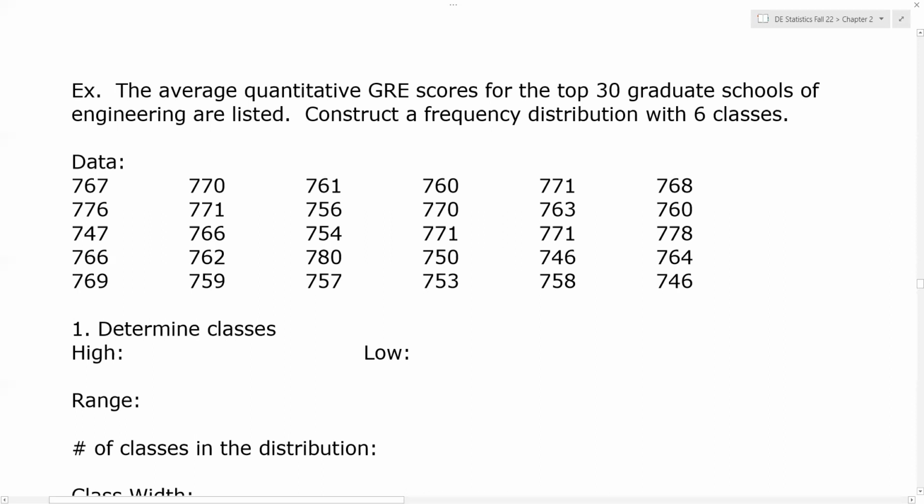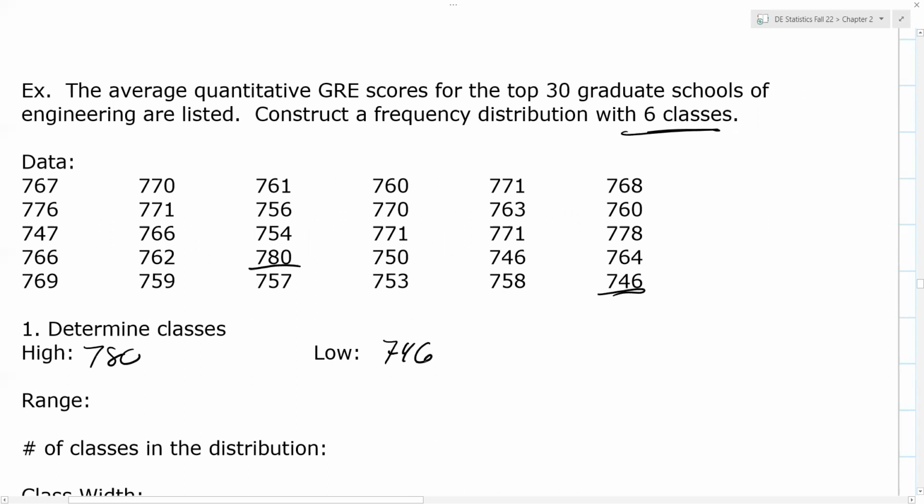So first thing we have to do, we're looking at 6 classes. So I'm going to create 6 classes. That's how many I want. First step, I have to find the highest and the lowest so we can figure out the range of values I need to cover. So we go through. Looks like 780 is the highest. Trying to find the lowest. Looks like it is 746.